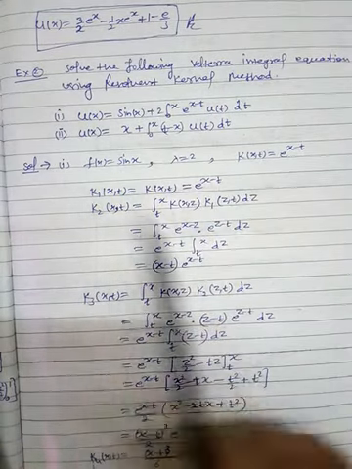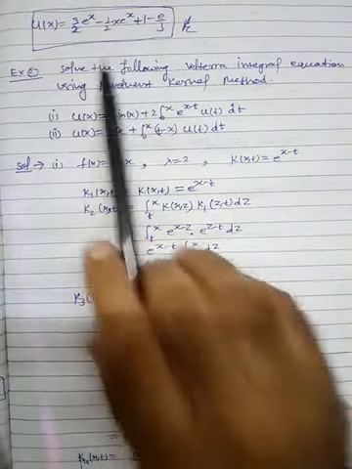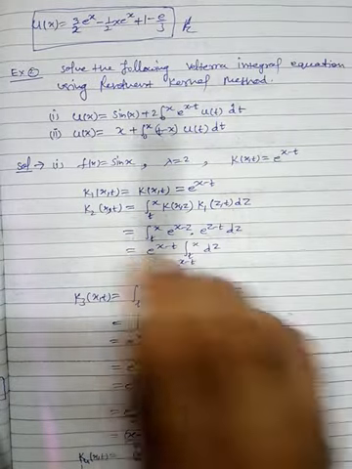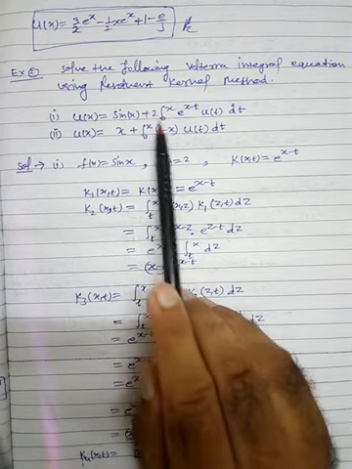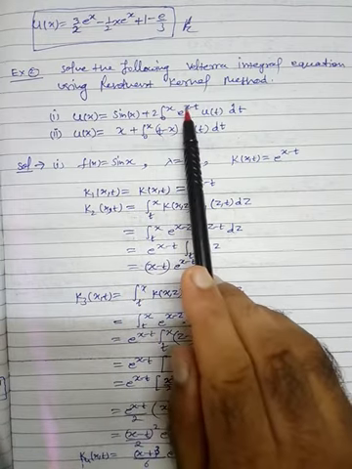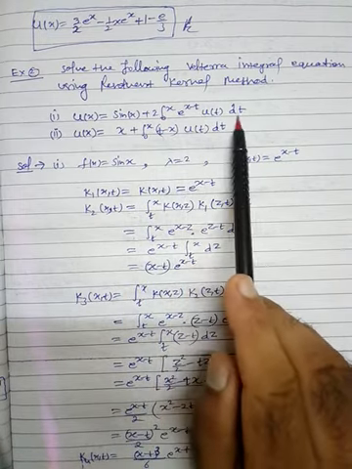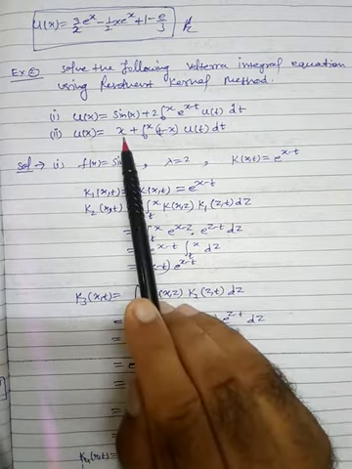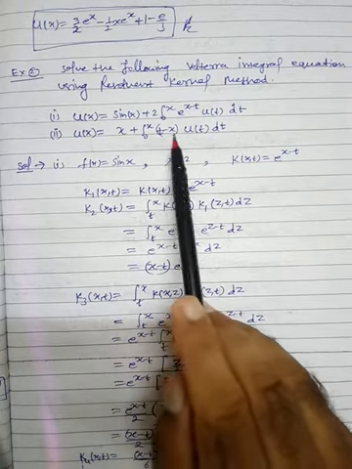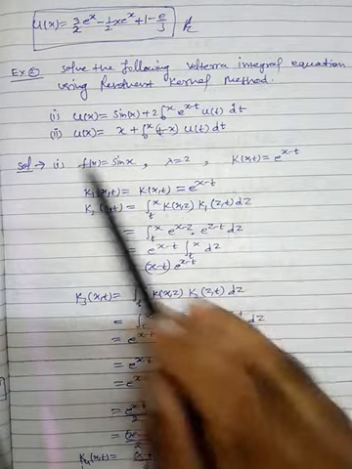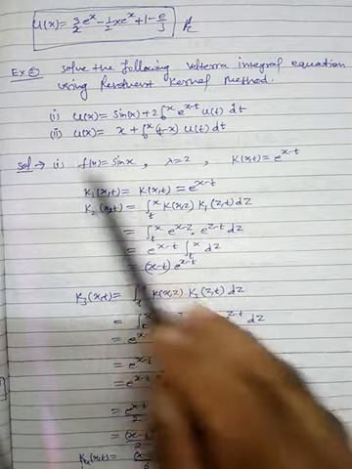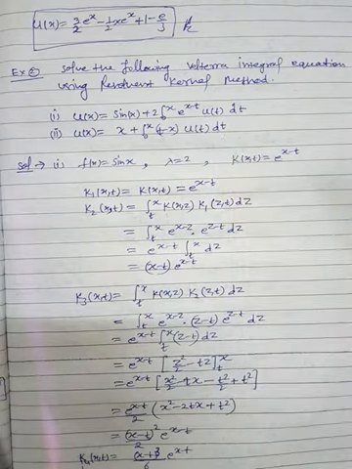Now the second example is for the Volterra integral equation. Here u(x) is equal to sin x plus 2 times the integral from 0 to x of e raised to the power (x minus t) u(t) dt. The second example is u(x) equal to x plus the integral from 0 to x of (t minus x) u(t) dt. I will take the first one, and again I will provide the solution of the second one in the notes.